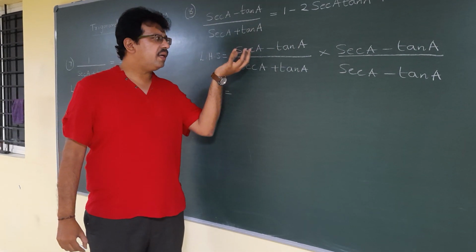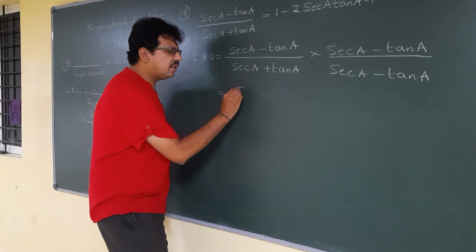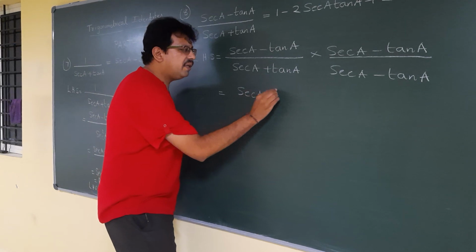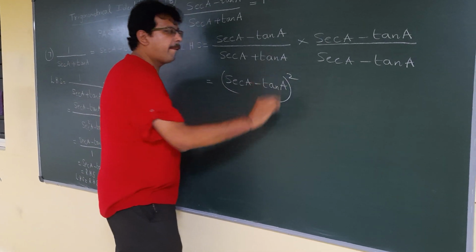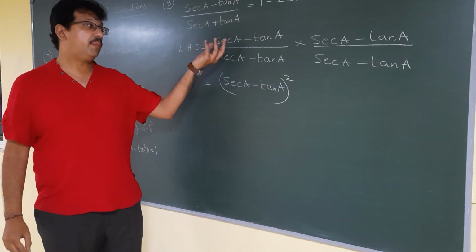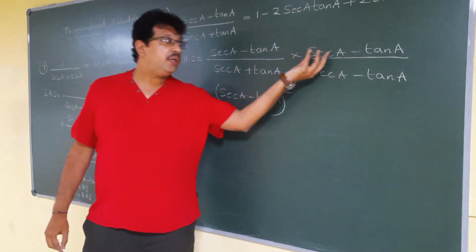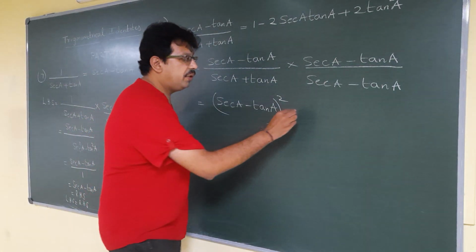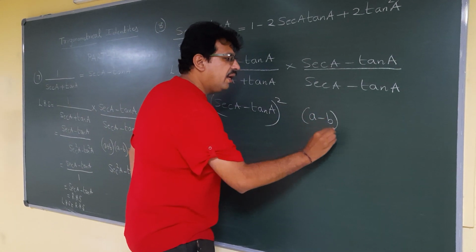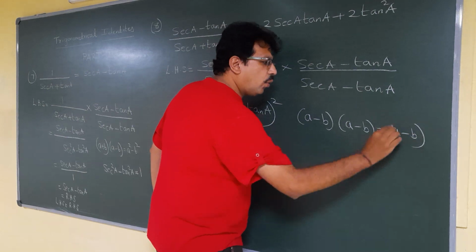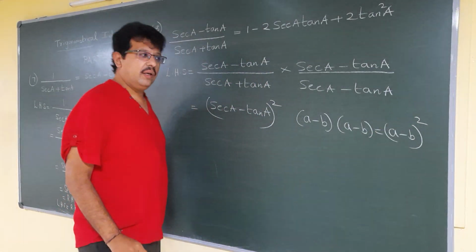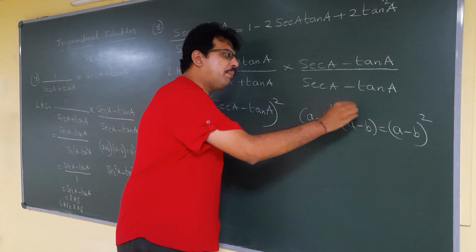That is nothing but secant a minus tan a whole square. That is a minus b into a minus b, which is a minus b whole square. So it is like adding the powers.